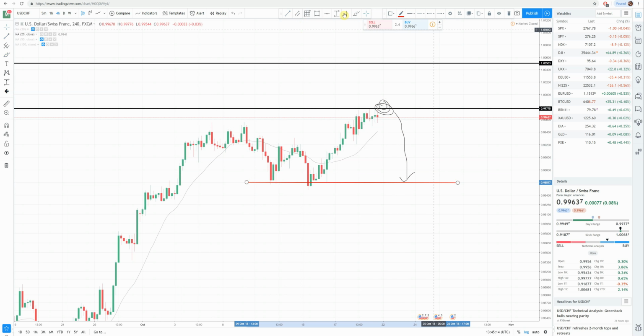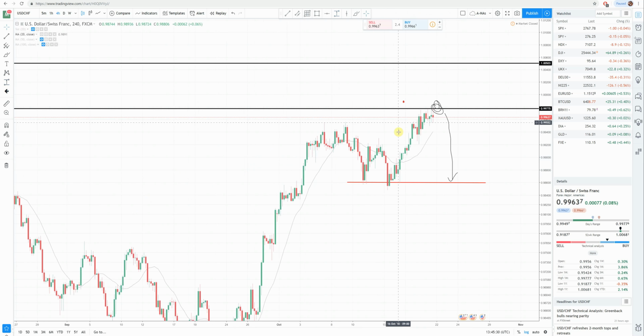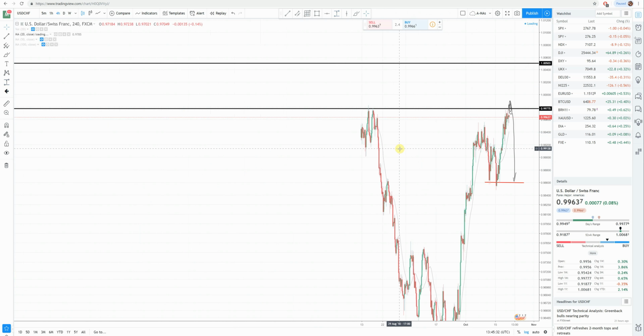That's around 110, 112 pips, or wait for it to breach 0.9975.